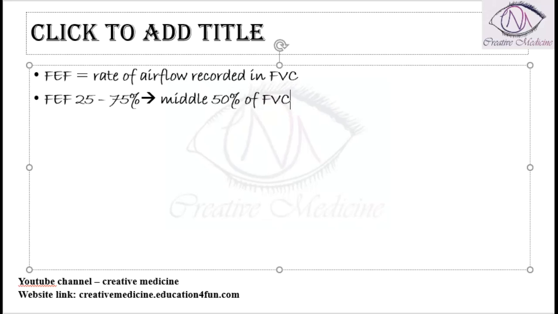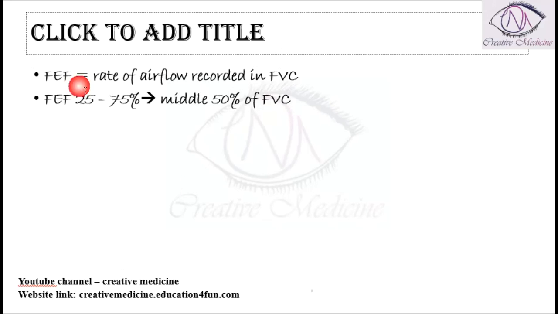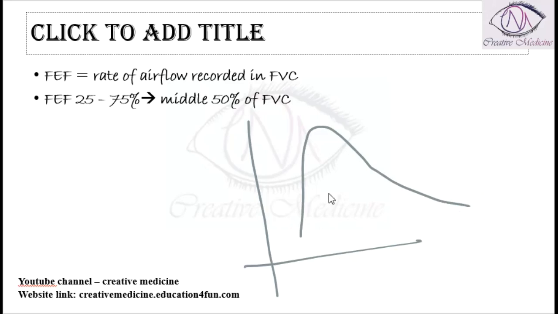That is, in the same graph, if this is the forced vital capacity, all the amount of gas that is expired, and this is the expired gas in 1 second, the forced expiratory volume in 1 second.